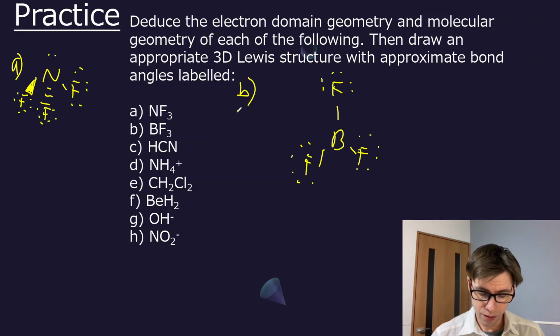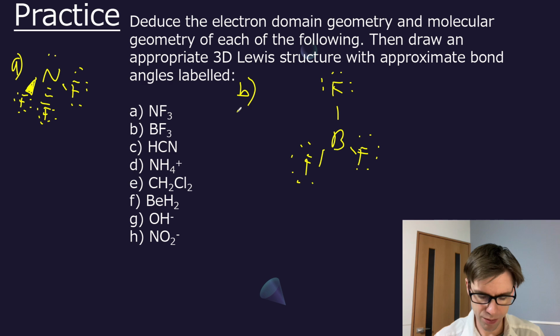So the boron in this doesn't have any lone pairs. It doesn't have an octet, but there's not enough electrons to give fluorines and boron their octets. So fluorine being more electronegative, they will get their octets. Boron is stuck with 6 here. That's fine though.